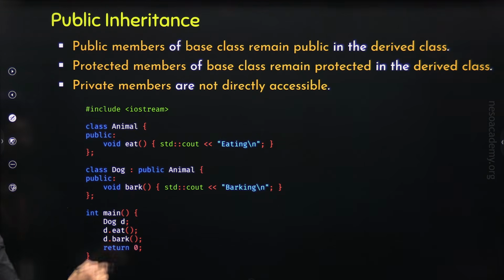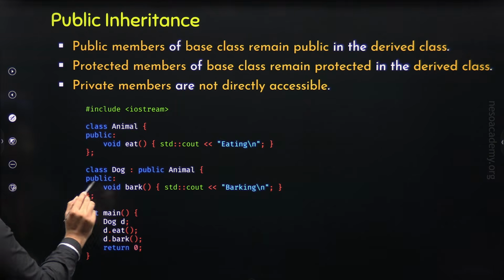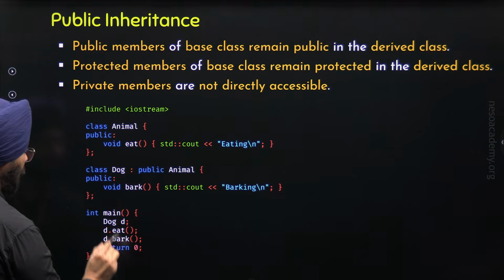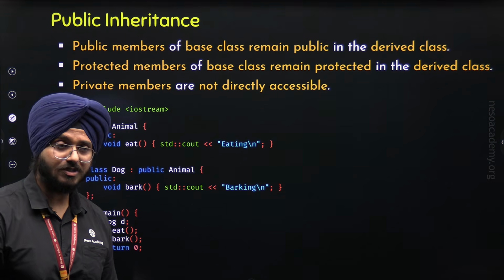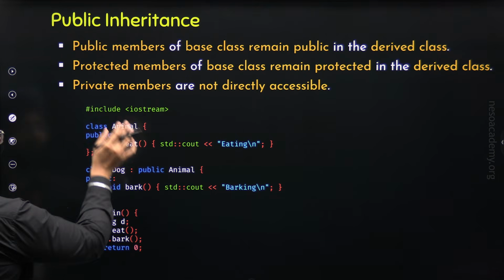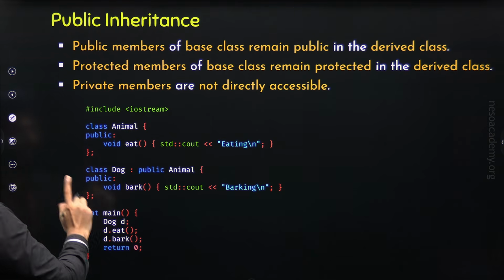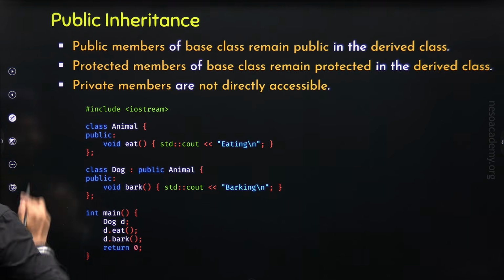Inside the main function, I have defined the object of the class dog, which is D. And through this object, I'm calling the eat function and the bark function. This is possible because eat function is also the public member function of this class dog. Therefore, it is possible to call this function through the object of this class.